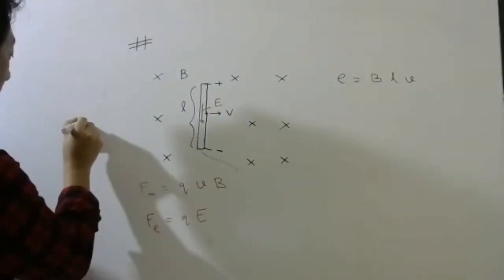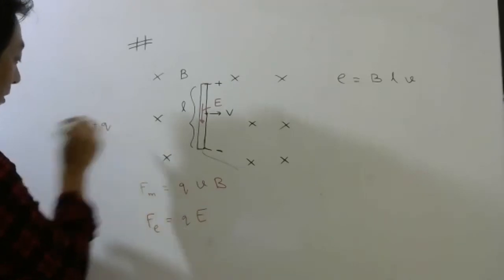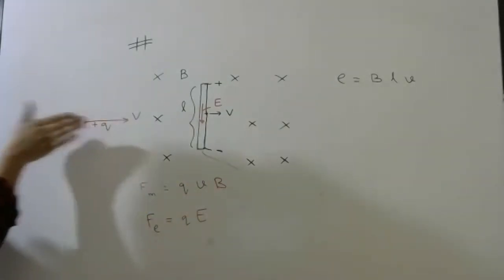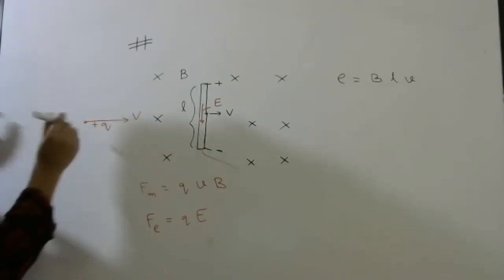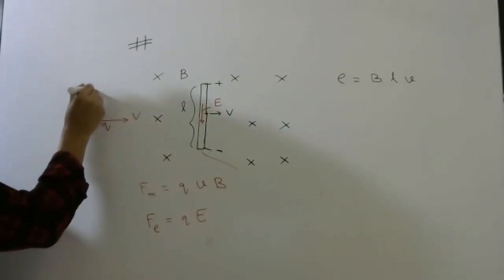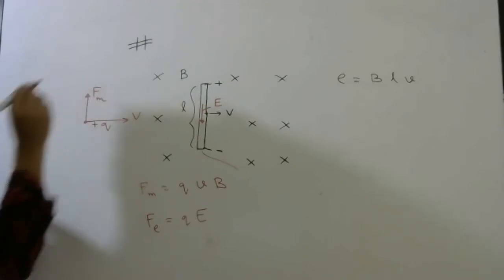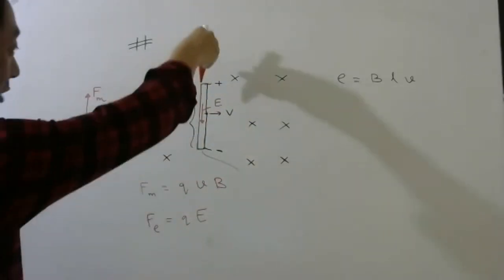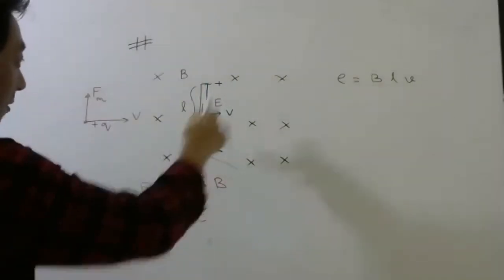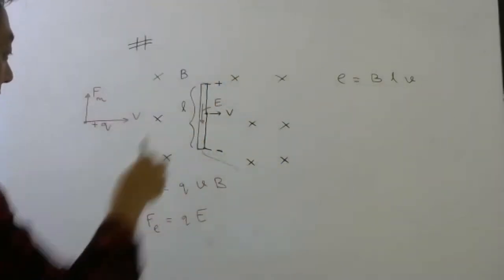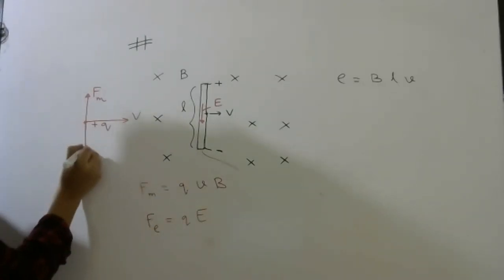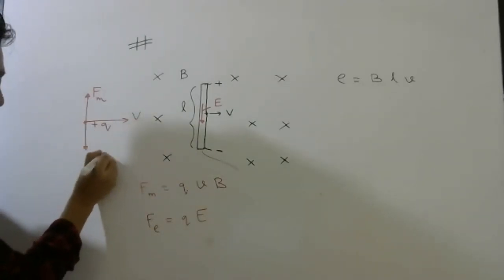Magnetic force V cross B is up, so the positive charges will feel a force this side, because of which this end will become positive. So there will be an electric field from plus to minus, and that electric field will exert this much force, qE. Correct?